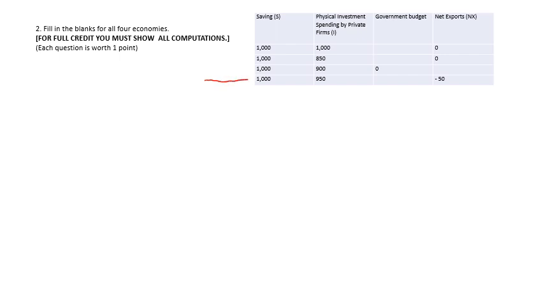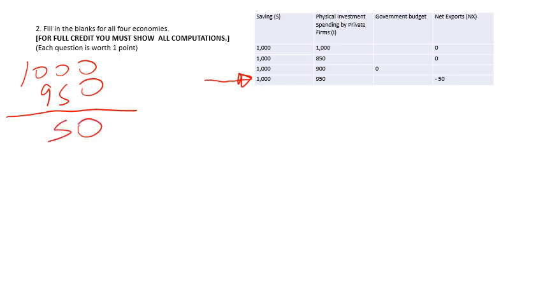Last part. This part here. So what do we have? We have 1,000. Again, that's private savings. How much has been withdrawn by companies for physical investment purposes? 950. And that leaves a 50 here.